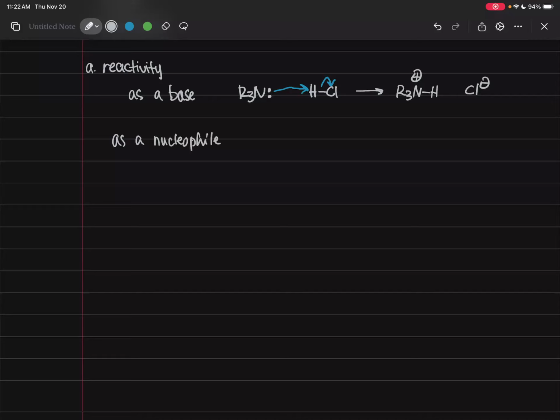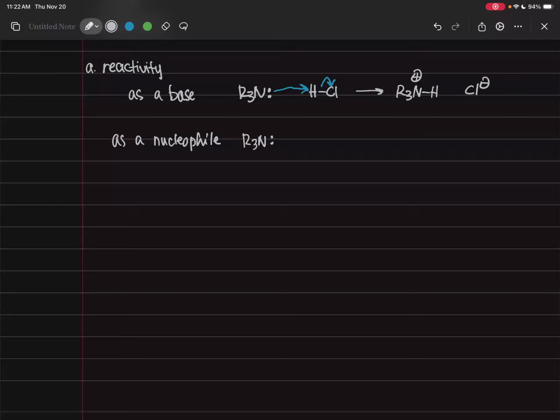They can also be nucleophiles. And both of these ways that amines can react have to do with the lone pair. The lone pair is required for the amine to be basic because that's what deprotonates the acid. And in the same way, that lone pair is also nucleophilic.